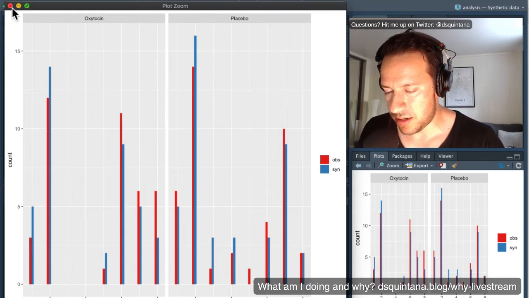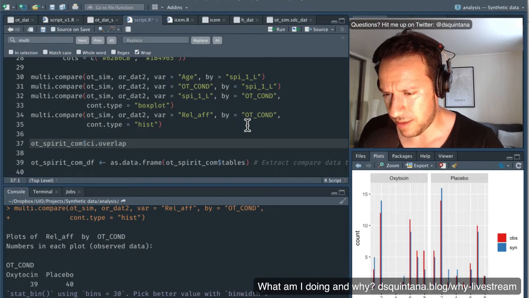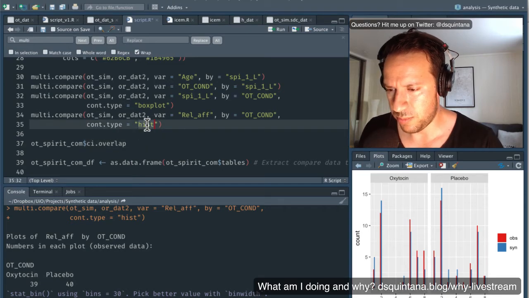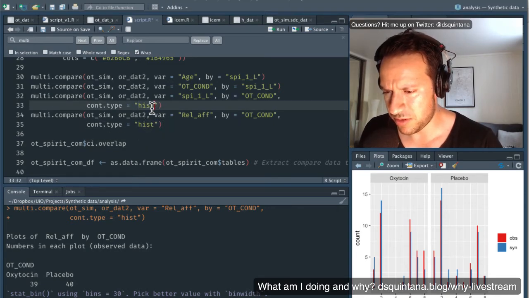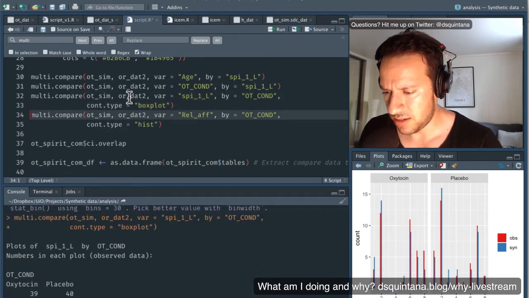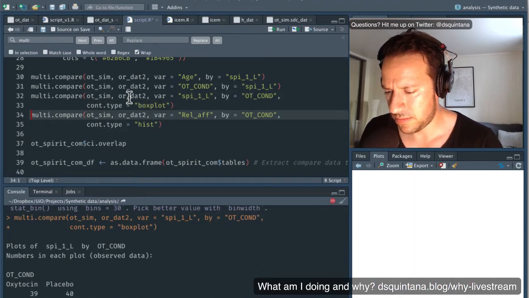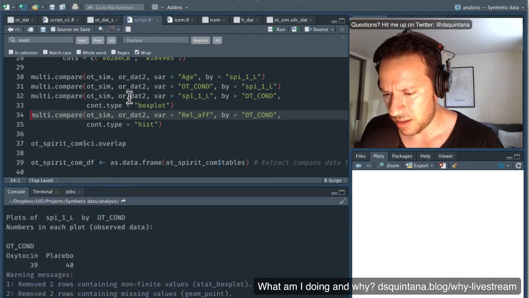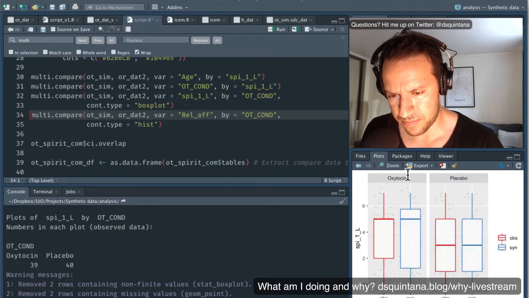But then what we can do, I think, let's look at this other one here. You can do box plots or histograms. The box plots looked a bit weird, but let's just run this again. The medians for the box plots from memory looked a little strange.